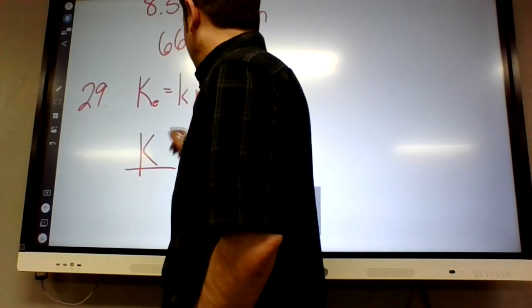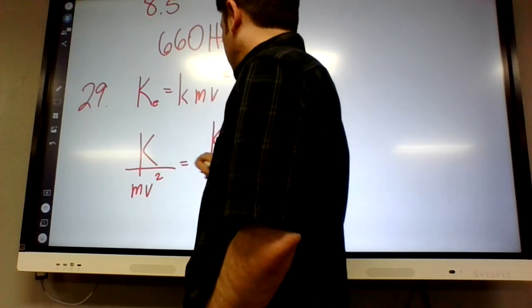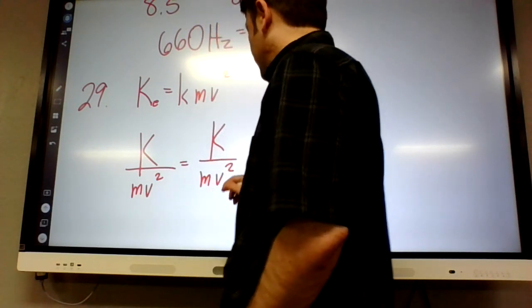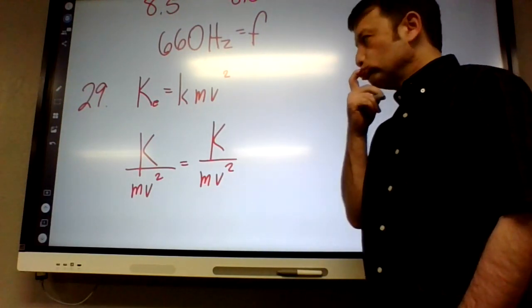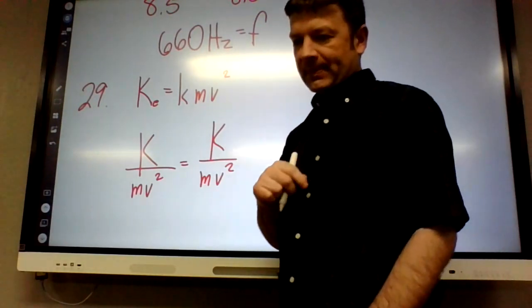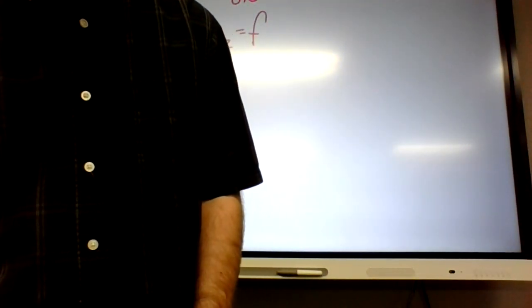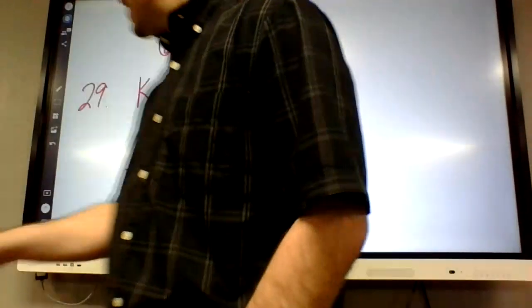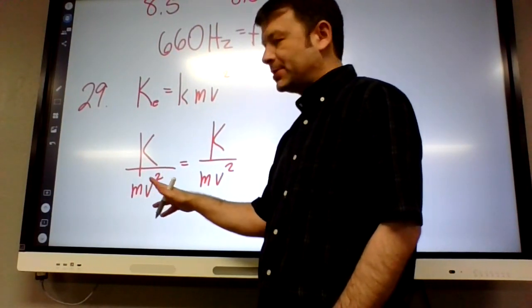We need the K over m v squared equals K over m v squared. We need that version. So what are the numbers? You guys know why I put a square on the V, right? Because it said the square of the velocity.